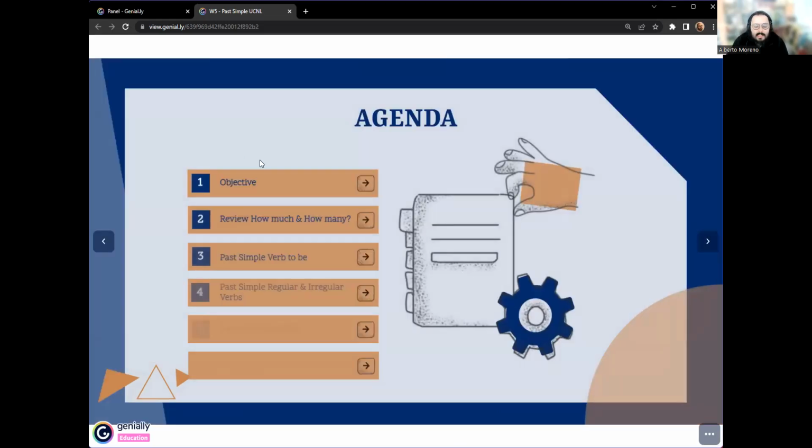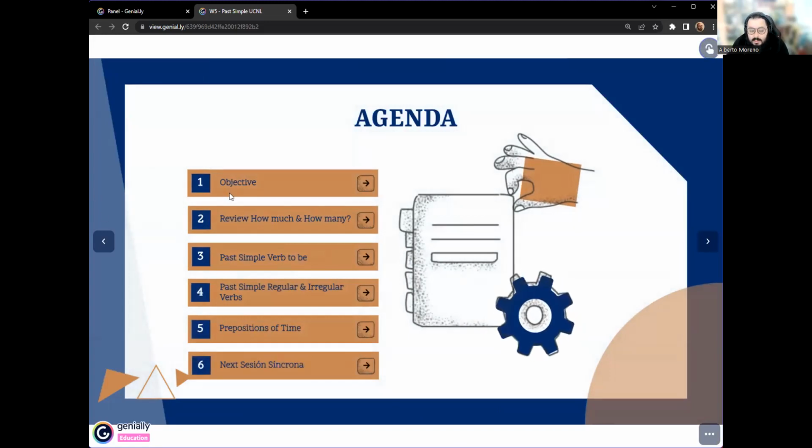So, the agenda for today, we're going to start with the objectives. Then we have the review for how much and how many. Then we have the simple past of the verb to be, simple past for regular and irregular verbs. And we have the prepositions of time. And what are we gonna do on next sesión síncrona?